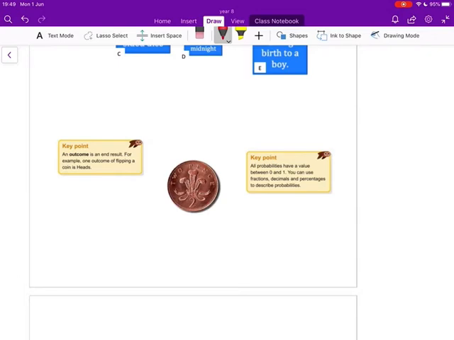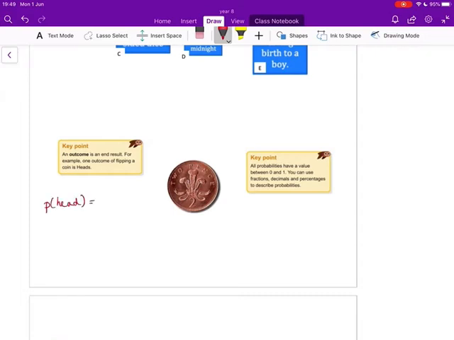All probabilities have a value between 0 and 1. So you can never have any probability higher than 1 or lower than 0. To represent something as a probability, you can use a fraction, you can use a decimal, and you can use a percentage. So we'd say the probability of a head, and we normally write that like this in shorthand.